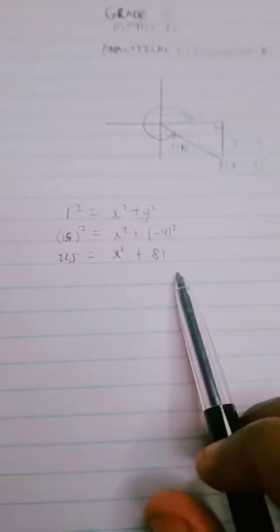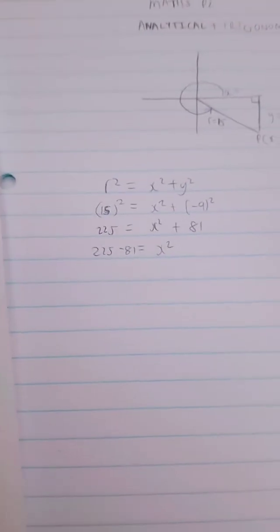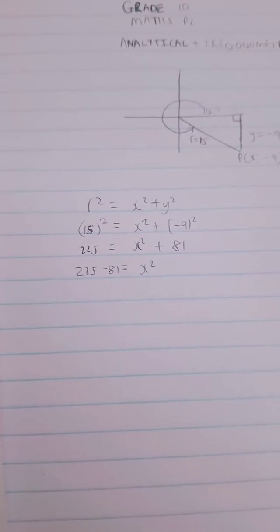I'm sure it is. So 225 equals x squared plus negative 9 squared, which is 81. We isolate x squared: we take the 81 over, 225 minus 81, which gives us 144.